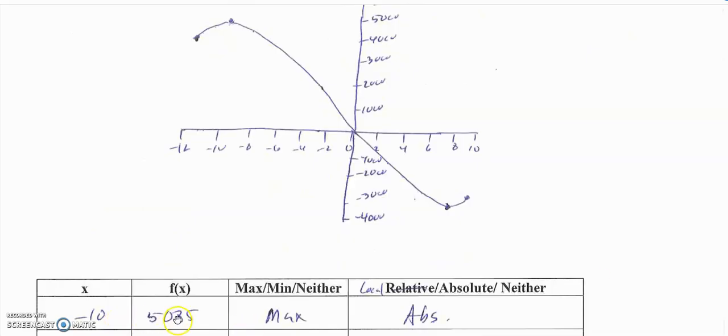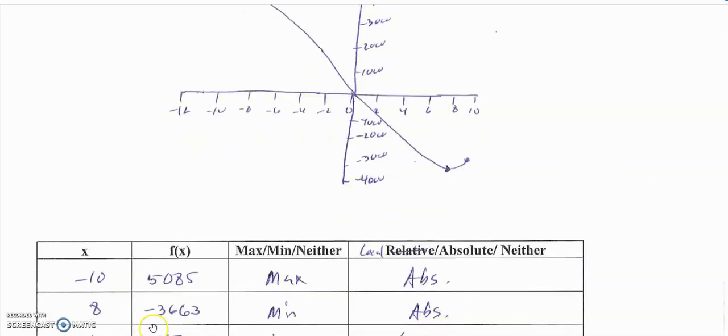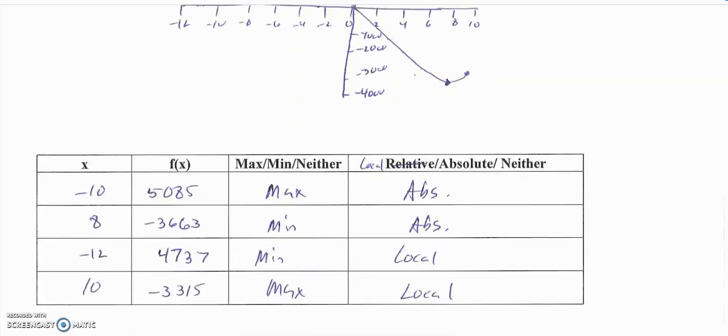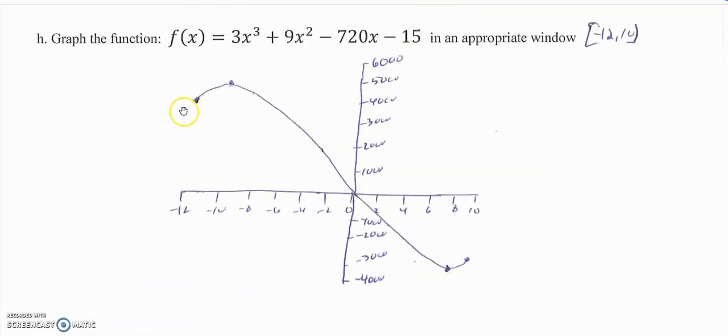So negative 10, 5,085. That would be an absolute max. The next point, 8, negative 3,663. That would be an absolute minimum. The next point, negative 12, 4,737.